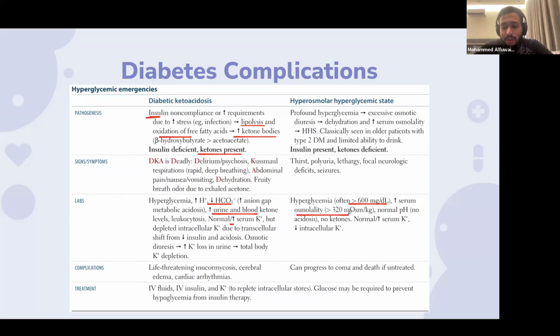You'll have increased serum osmolarity as well, because you're urinating a lot, and this causes very concentrated blood, okay? And this can progress to coma and death. The way you treat it is IV fluids, IV insulin, same exact thing, okay? So that's pretty much it to correct this. The most important thing in this is dehydration. That's what causes it. So you need to hydrate the patient and everything should be better after that, okay?